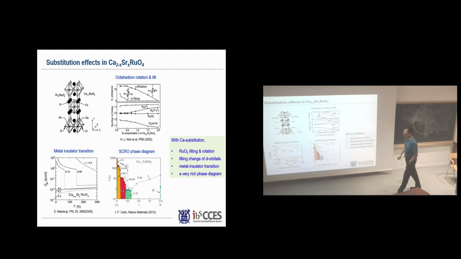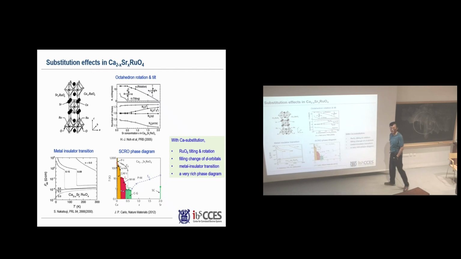If you look at this one, the pure calcium ruthenate 214 is a really good insulator, and many people originally believed it's a Mott insulator. On the other hand, the strontium 2.0 one is metallic, but it has superconductivity at the end. Then in the middle, it has a complicated phase diagram like this.